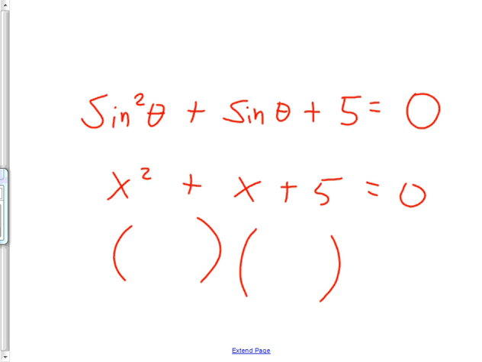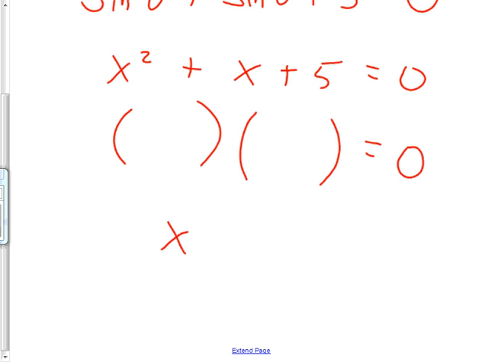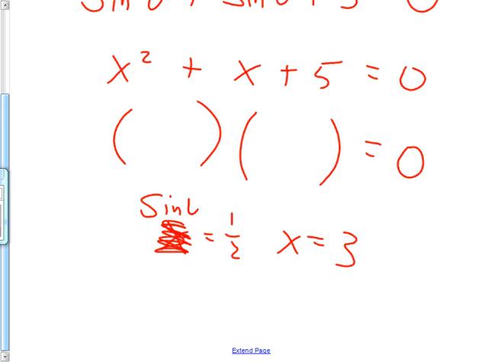And if I can, I'll just do it that way. And at the end, I'll have to remember that whatever my answer came out to be, and this one actually doesn't work, but if it did, and you came out with x equals like 1/2 and x equals 3 or some 2 answers, you got to stick the sine back in at the end. Sine theta equals 1/2, and then use inverse trig to solve it.